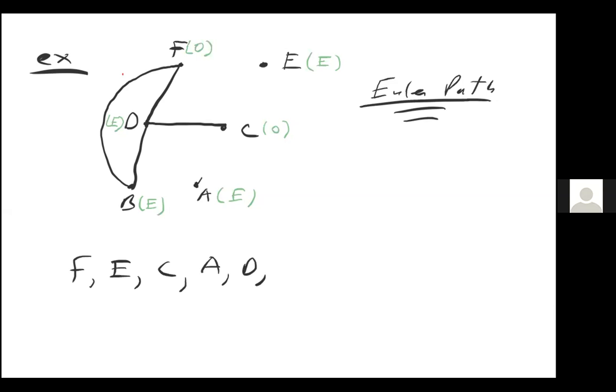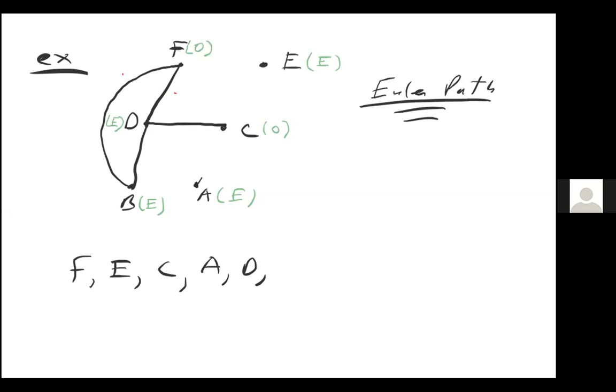Now with D, I've got 3 options. I could choose F, B, or C. I'm not going to choose C because that's a bridge, isn't it? Out of my 3 choices, C is now a bridge. So I can't pick that one because it leaves C all by itself and I can't get back out of there.